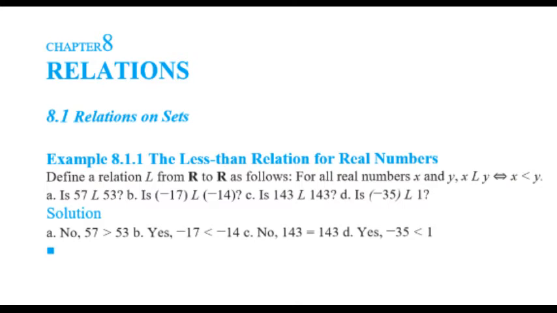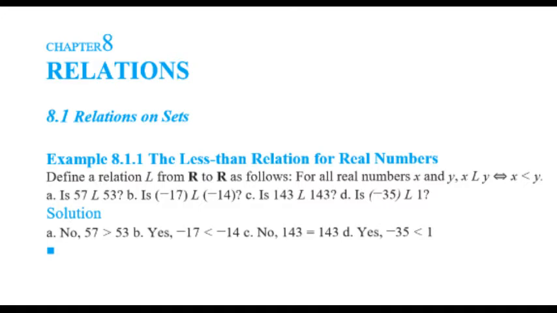So for example, 57 is not related to 53 by L because 57 is greater than 53. However, minus 17 is related to minus 14 by relation L because minus 17 is less than minus 14.